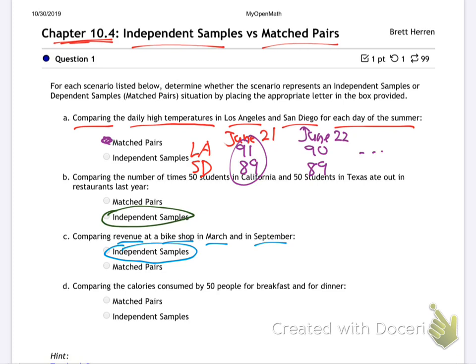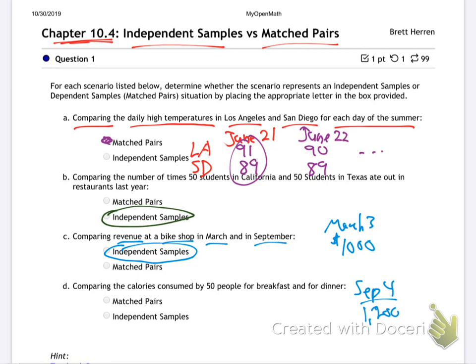It's the same shop, but it's not like March 3rd they made $1,000 and September 4th they made $1,200. There's no necessary connection. March may be way lower or higher. September may be fall. Who knows? There's no necessary matching.